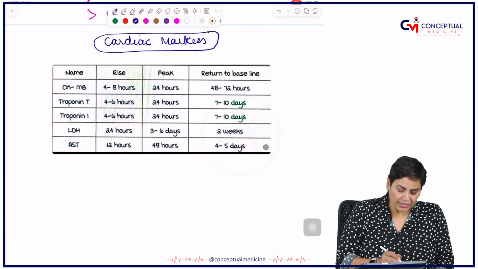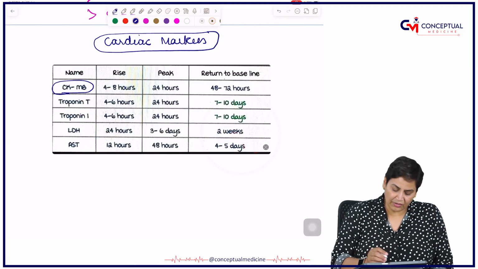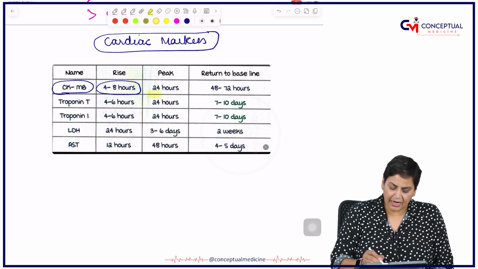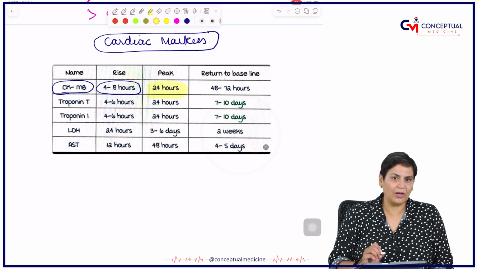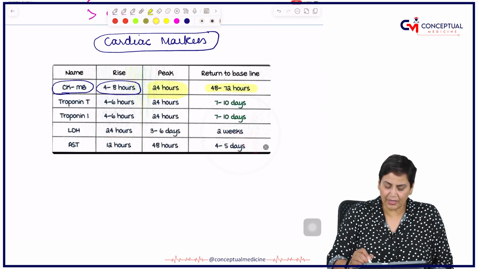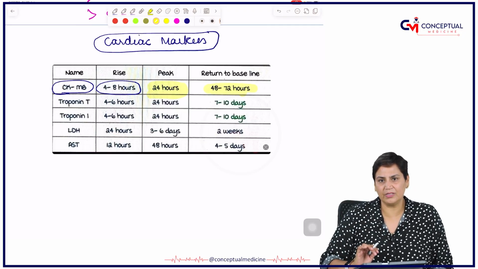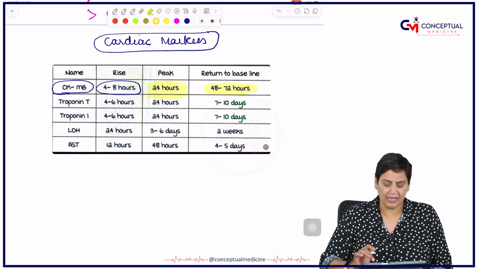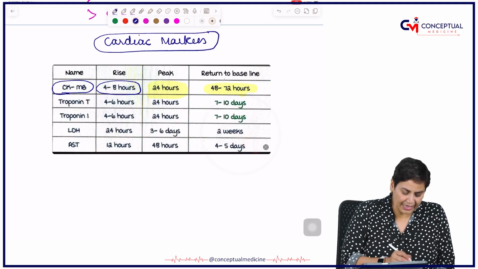If we talk about CPK-MB, always remember it rises within 4 to 8 hours of MI. It attains a peak value in 24 hours and it comes back to normal in 48 to 72 hours. Like it takes around 2 to 3 days to come back to the baseline. And this is a very important enzymatic marker.